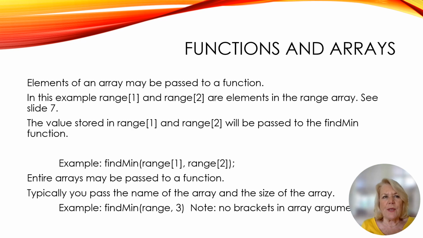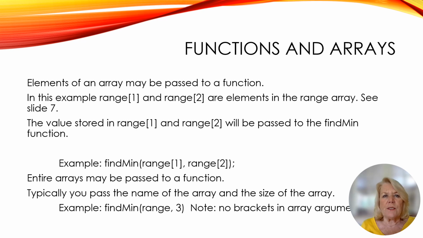Array elements, as well as whole arrays, can be used as arguments in a function. The first example shows how two elements in the array, this was the array range that we had declared in the previous slide, can be used, just the elements, as arguments in a function, and they're used in the function findMin.